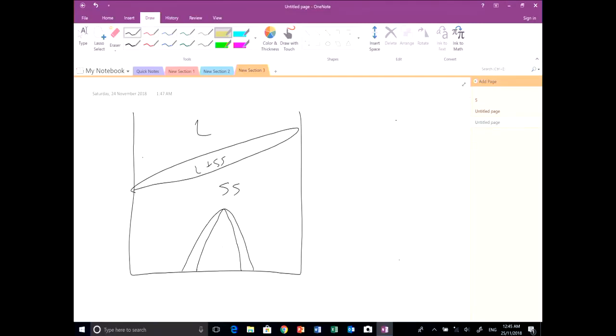What's in the middle of that dome? What's in the middle? It's another solid solution.